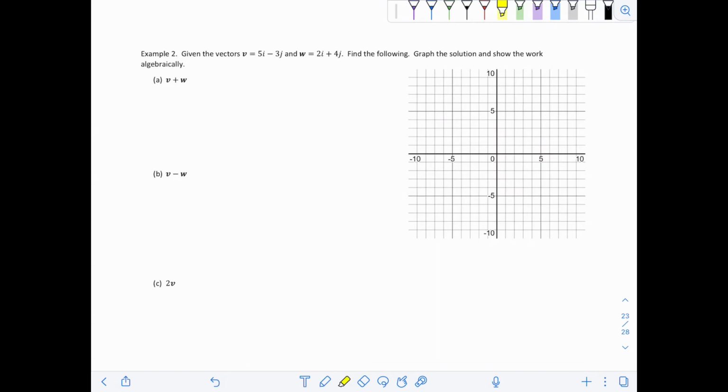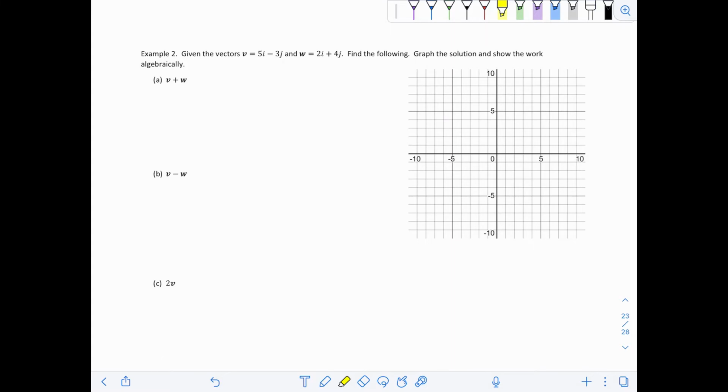Now let's look at vector arithmetic. So we're going to specifically look at adding and subtracting vectors and multiplying by a scalar. So I'm going to go ahead and draw these as well. So let me go ahead and draw each vector. You'll notice that I'm just given it in vector form, and so I actually don't know what the initial point is or the terminal point, but I could draw these anywhere.